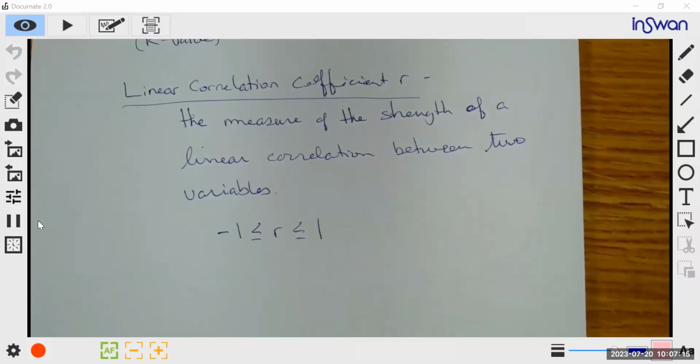Let me ask you a quick question. It's been forever since I asked that, but what do the inequalities in the middle of that mean?